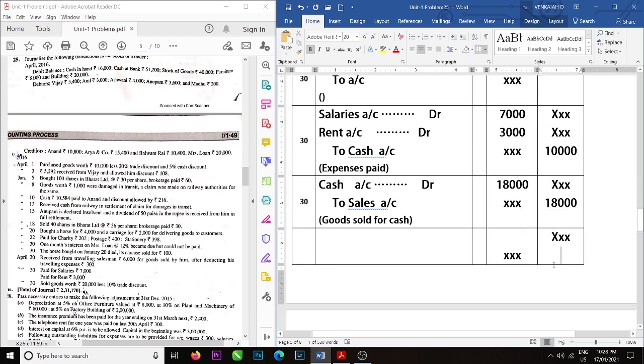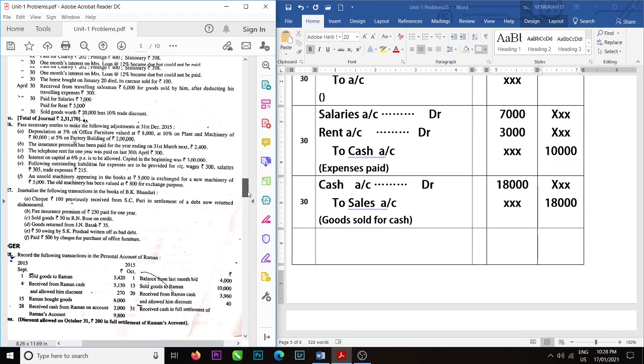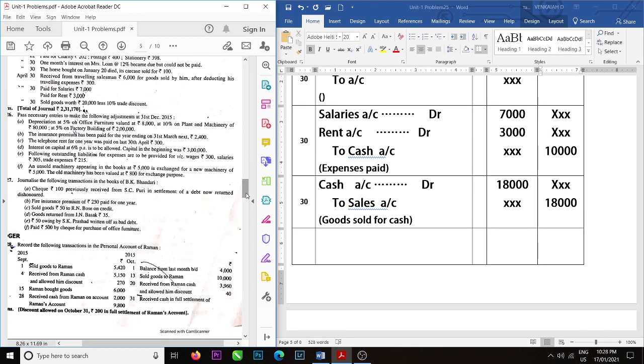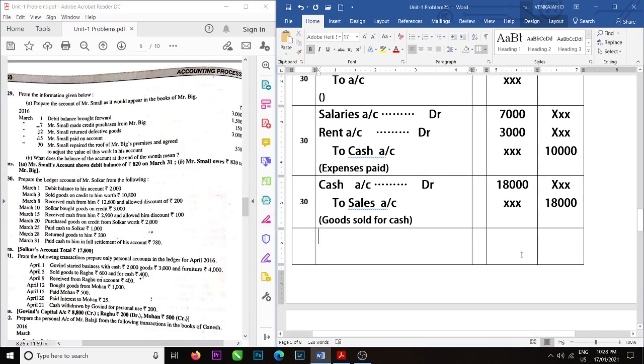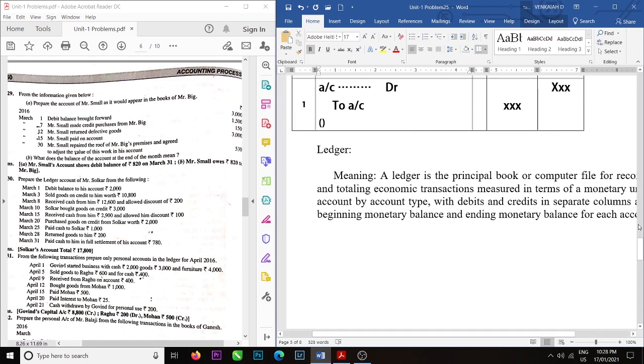Try to understand how I am passing journal entries next video onwards. This is problem number 25, and be ready with the 26th answer. Check with my answer. And 26 and 27, you check with my answer. 28 onwards, journal entries as well as ledger accounts. Ledger is a consolidated statement of a particular item, either salary or whatever it may be. Okay, students. Bye.